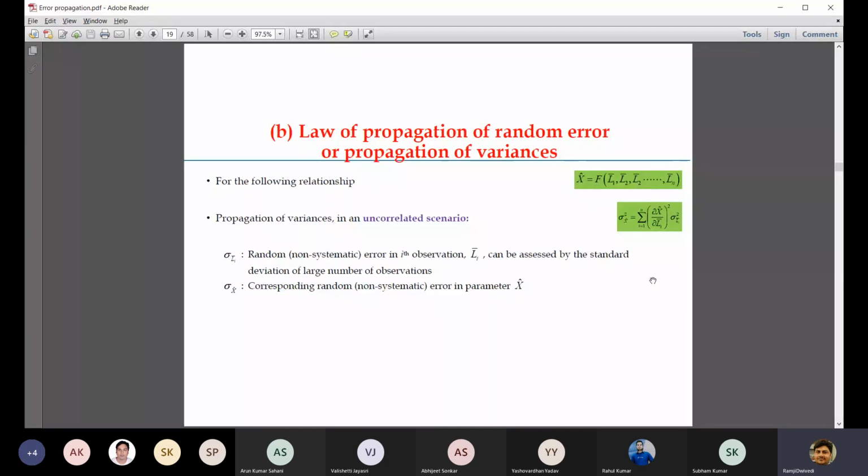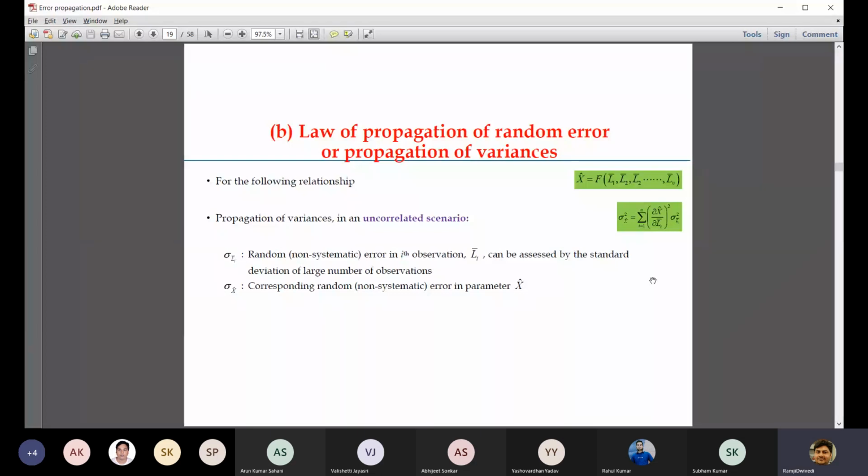Now you can look at your screen right now. I hope all of you would be looking at this slide of law of propagation of random error or propagation of variances. So in this case, since it is a single variable, the left hand side would become sigma Z square. The right hand side is, obviously, two variables are involved.